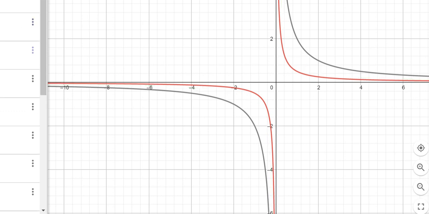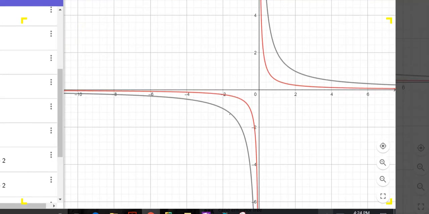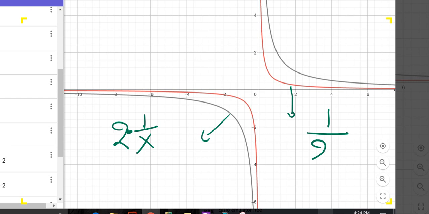Let me get rid of the original function. So the gray one is 1 over x times 2, and this one is 1 over 2x. So I multiply the bottom. This is multiplying the lot.